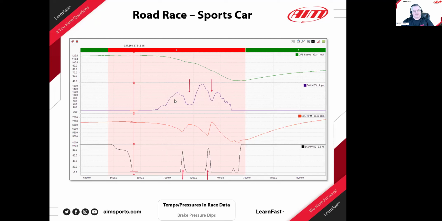And when you go in and start to look at the brake trace, the driver is transferring weight up to the front of the car by applying the brakes, and then every time he goes to blip the throttle, the chassis is pulling weight off the front of the car because he's releasing brakes as he's blipping the throttle. And it's something the driver doesn't know.